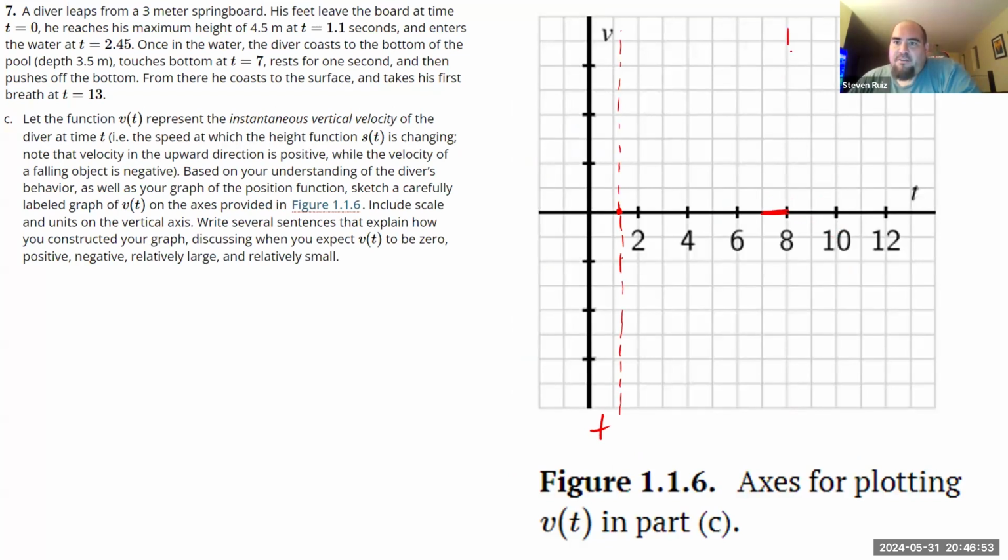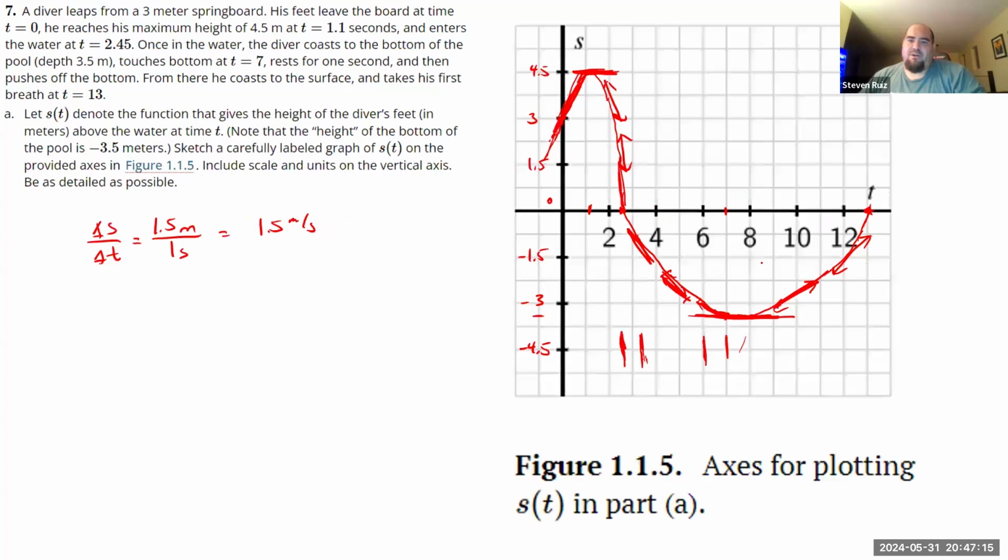So do another vertical dashed line. So from time equals 8 to time equals 13, I believe I also have positive slopes. So then it should make sense that everywhere between 1.1 and 7, I should have negative slopes. So let's go back to our graph and make sure that that's the case.